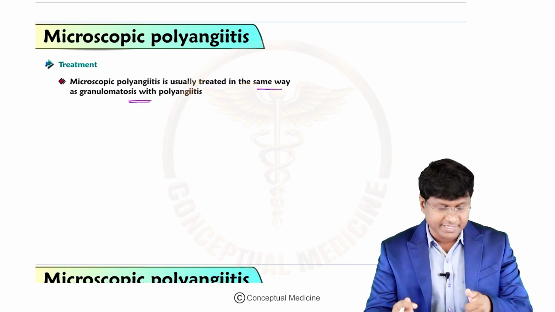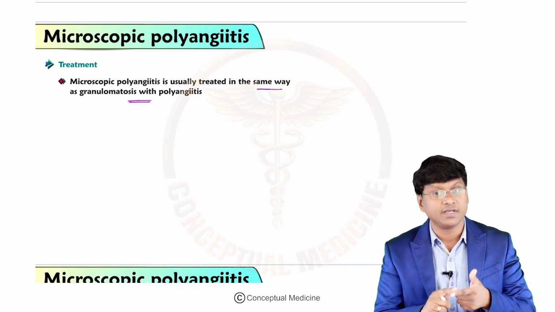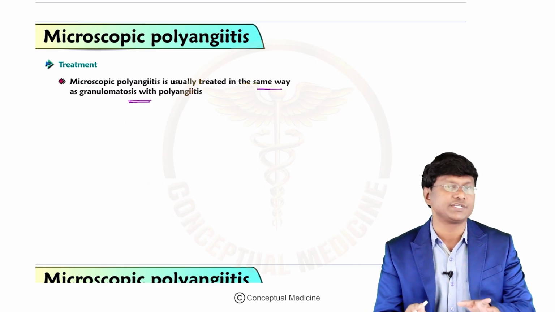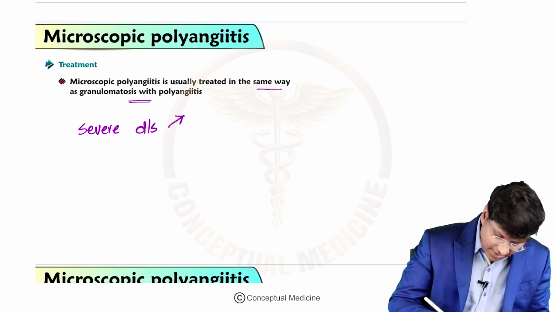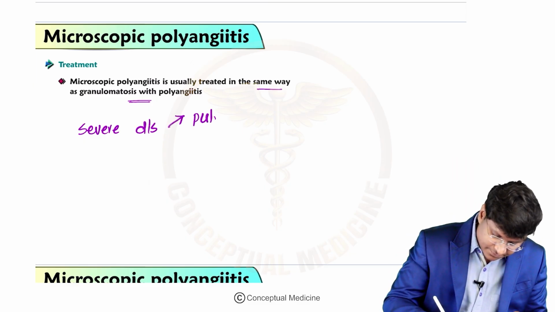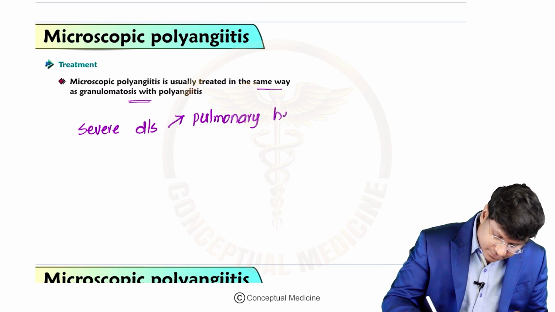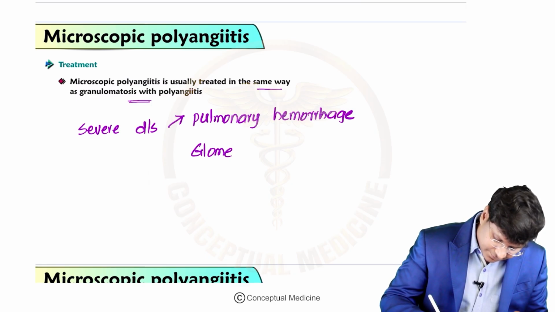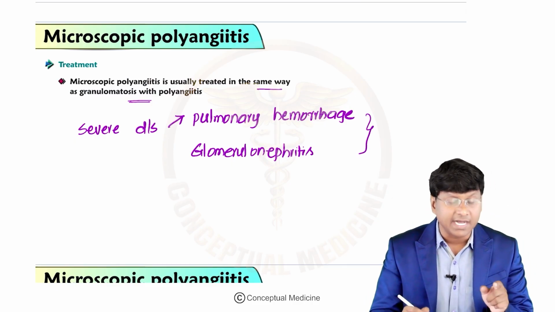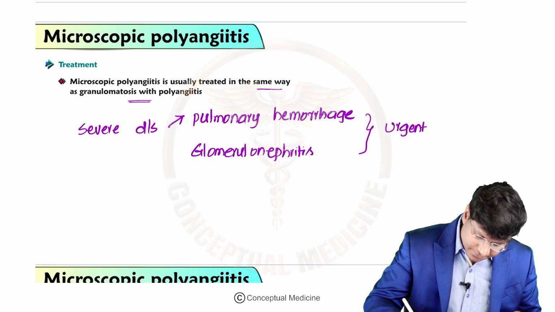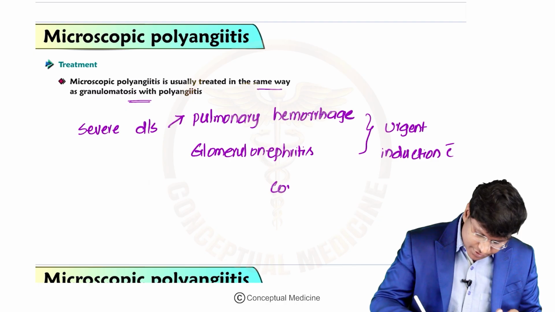Patients with severe disease, typically involving pulmonary hemorrhage or glomerulonephritis, require urgent induction with corticosteroids.